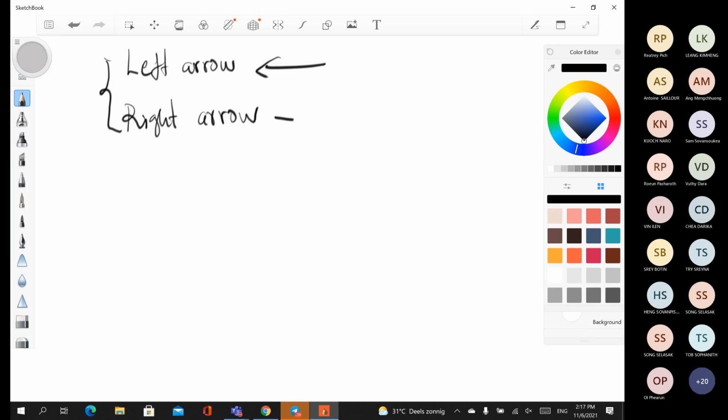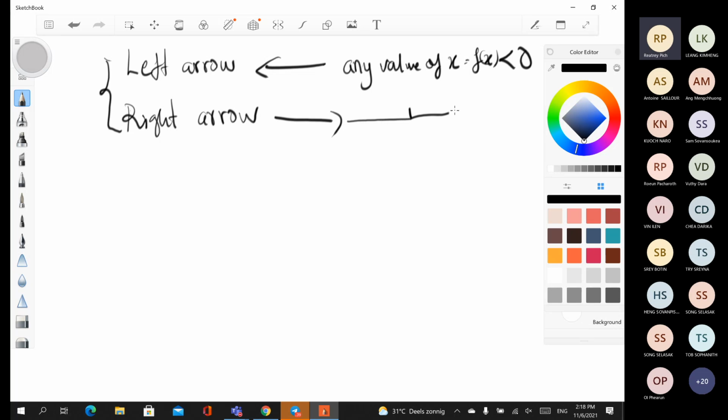Any value of x that makes f(x) negative, we use the left arrow.